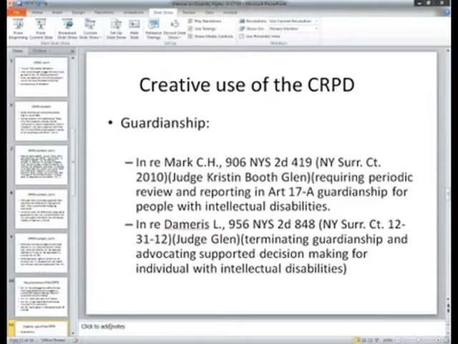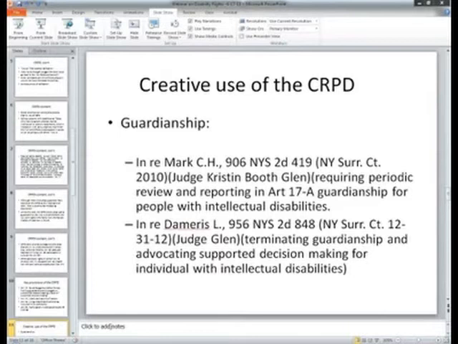That even though Article 17A didn't talk about that, a periodic reporting requirement is necessary to give effect to the individual's constitutional rights in the U.S., but also to be consistent with Article 12, which she cites as what she calls, and what others have called, persuasive authority. That is not binding, but important information that can have the effect of customary international law.